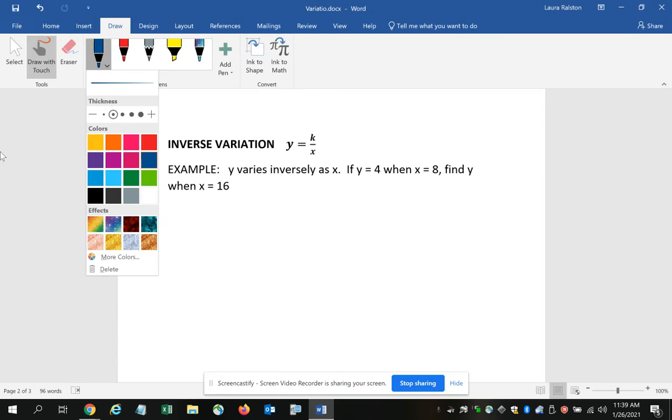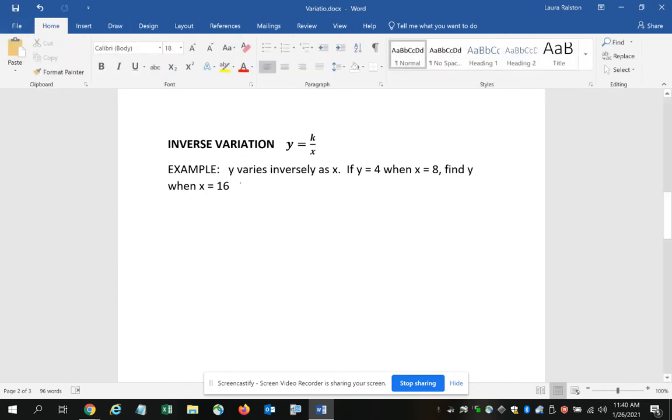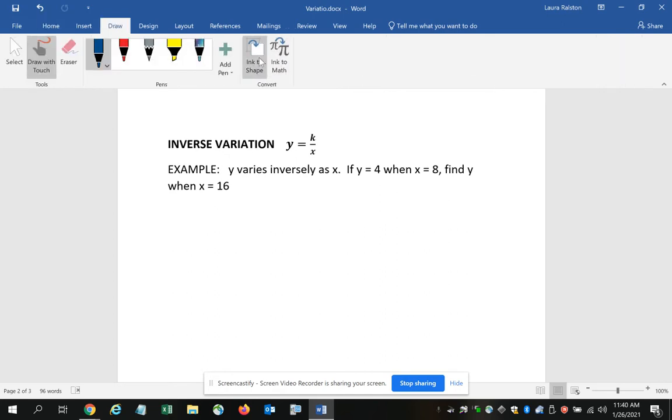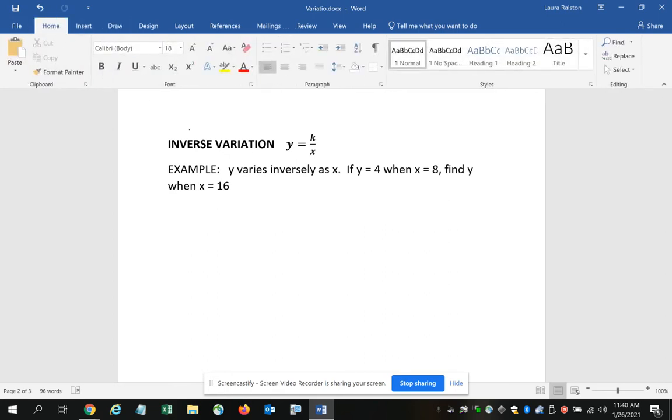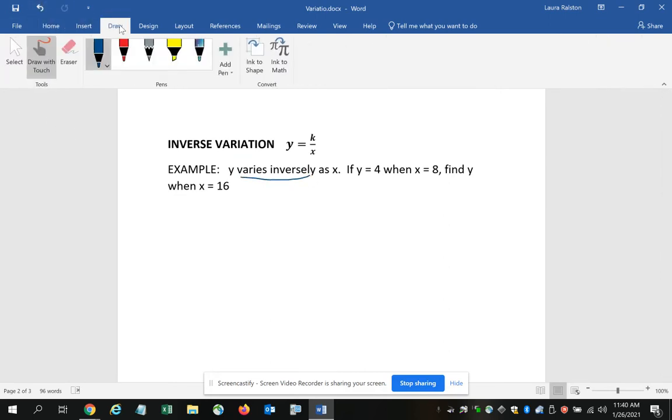And again, it's usually very obvious that you're doing an inverse variation because, as we've talked about already, it tells you in the problem that it varies inversely. In this case, it just says y varies inversely as x. And again, that's the clue of which formula you need to use.